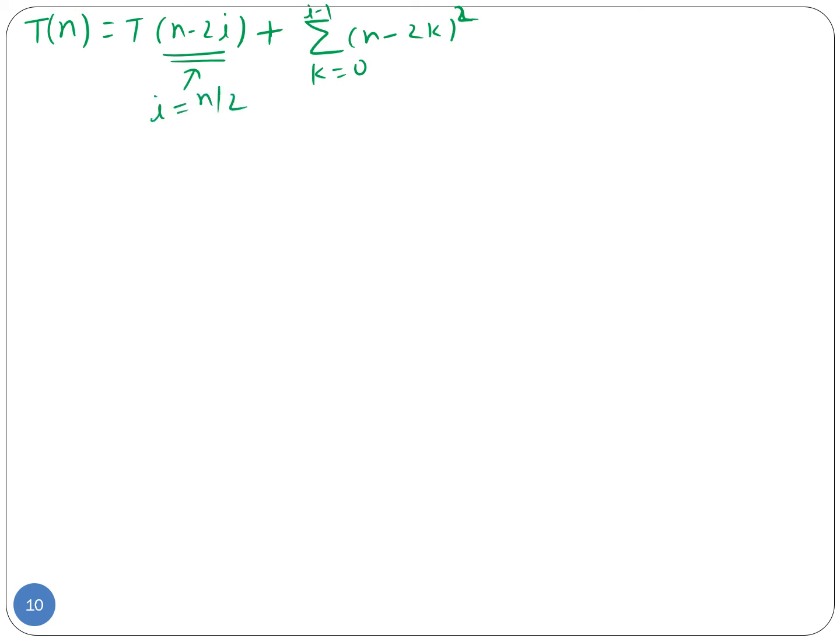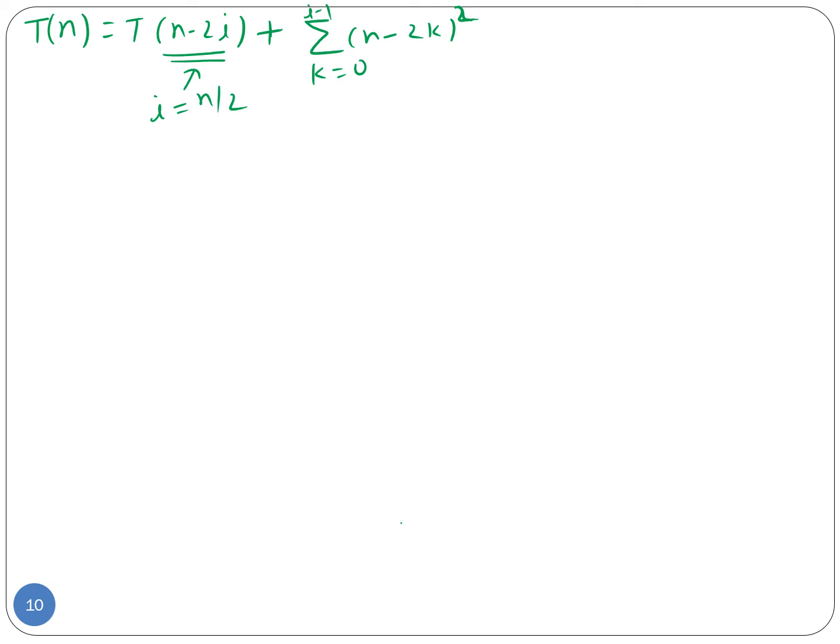We have T(n) is equal to T(n minus 2i) plus summation k equal to 0 to i minus 1 of (n minus 2k) whole square. This term inside the bracket will reduce to 0 for i equal to n by 2, so this recurrence will stop at i equal to n by 2.